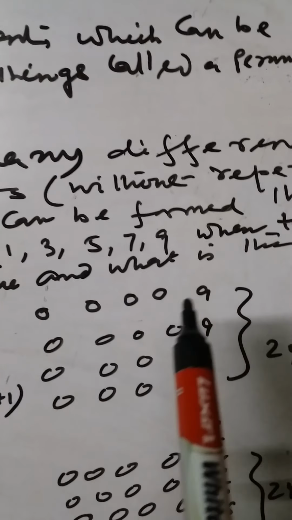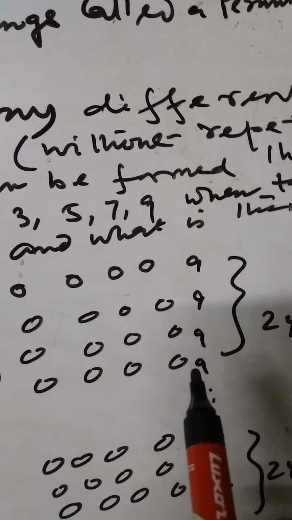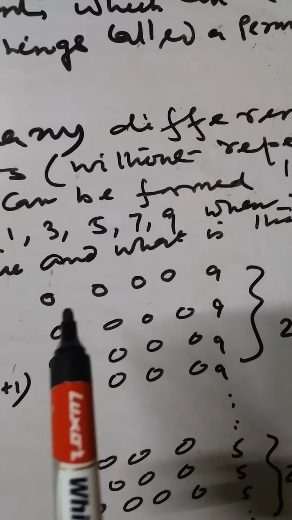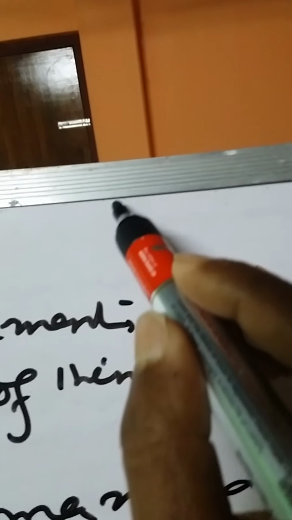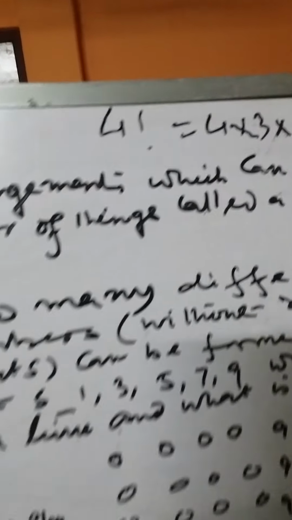So putting 9 in the unit place, the other 4 numbers will be arranged in factorial 4 ways. Factorial 4 means 4 into 3 into 2 into 1, that is 24 ways. So we get 9 in the unit place 24 times.